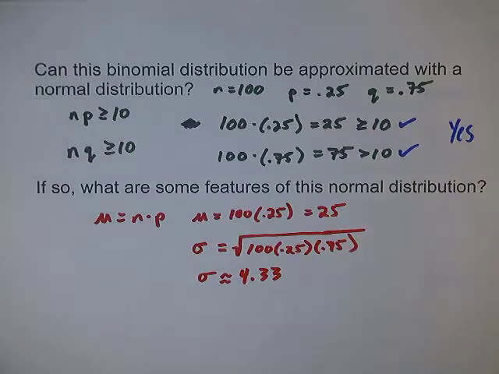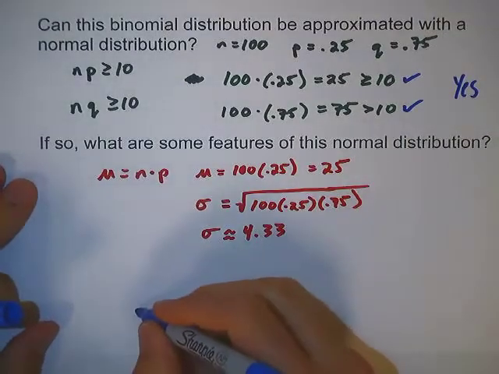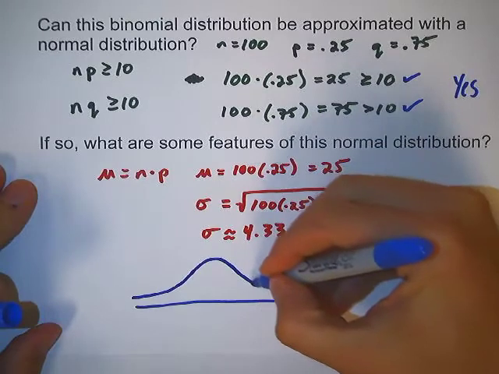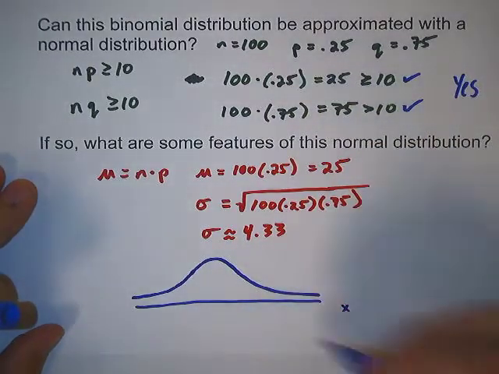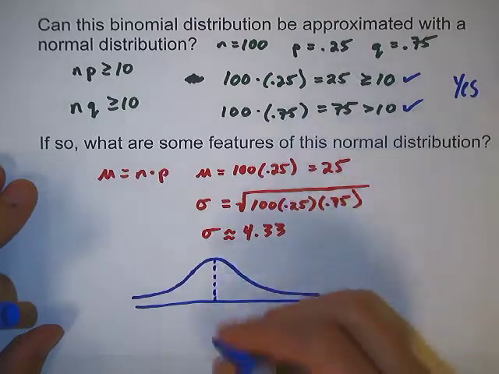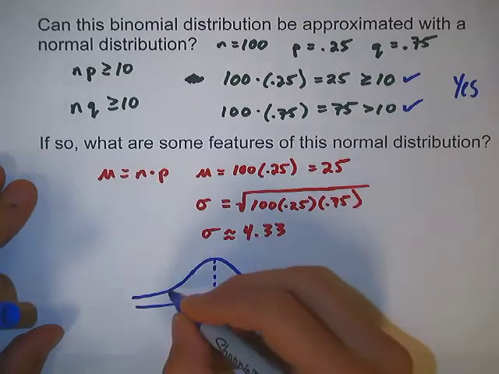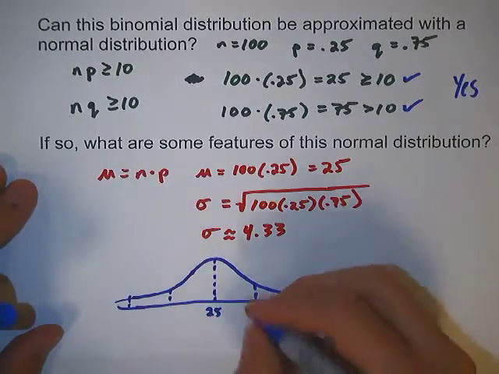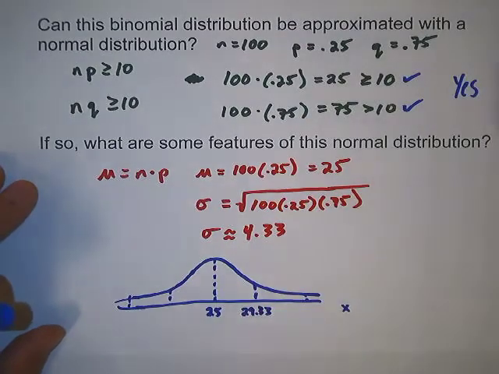Now, if we were to make a picture of this distribution, I'm going to draw my normal distribution. This represents x, the number of people that pay their bill in full. We'll mark off a couple of the important landmarks. This will be 29.33, one standard deviation above the mean.